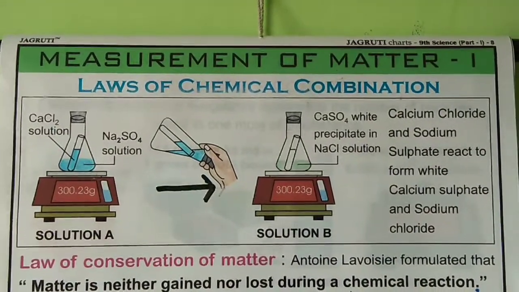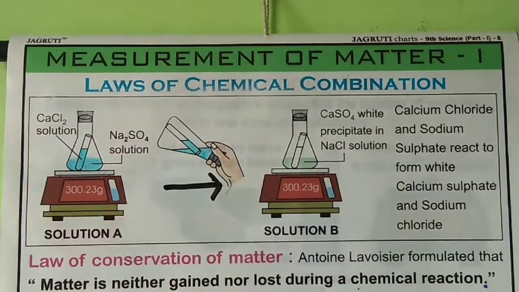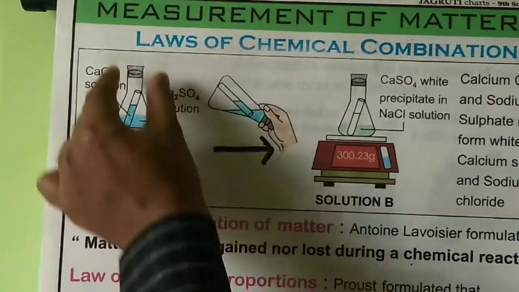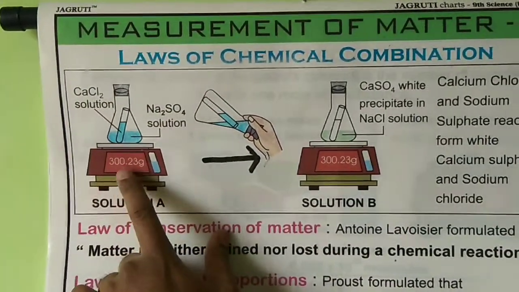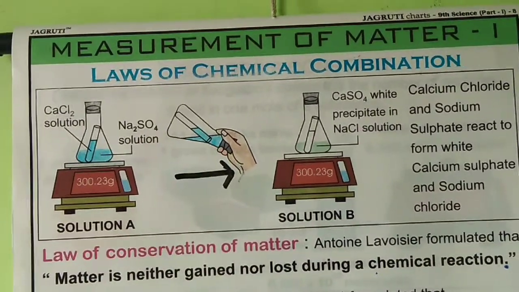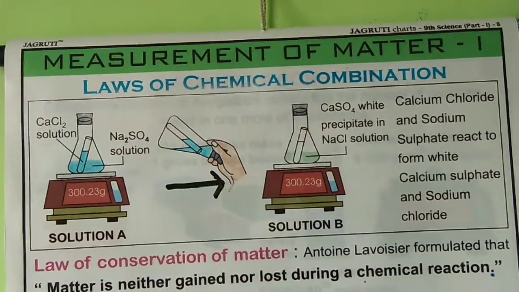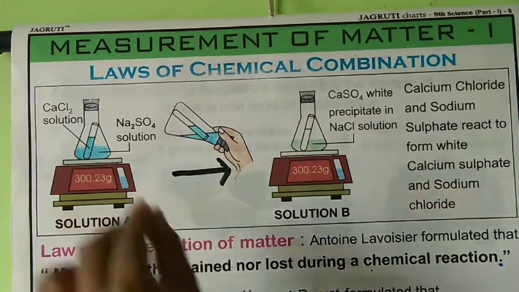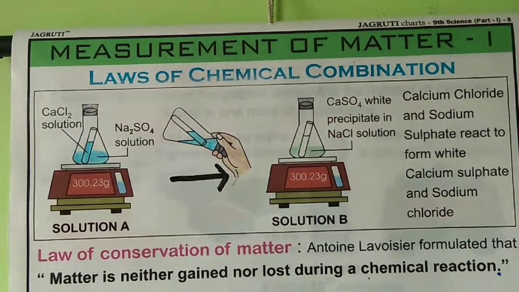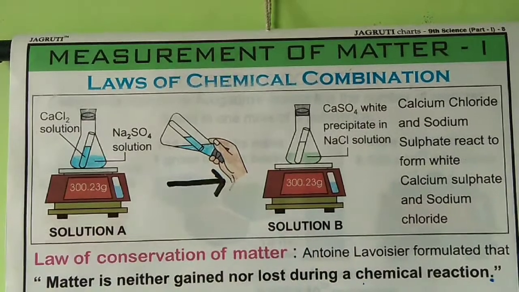First we have to weigh this arrangement on the weighing balance and note down the weight of the whole arrangement, that is 300.23 grams. And one more thing: you should close the conical flask with a rubber stopper so that there is no rise or gain in the weight of this arrangement. So we have noted the weight of the reactants, that is 300.23 grams.